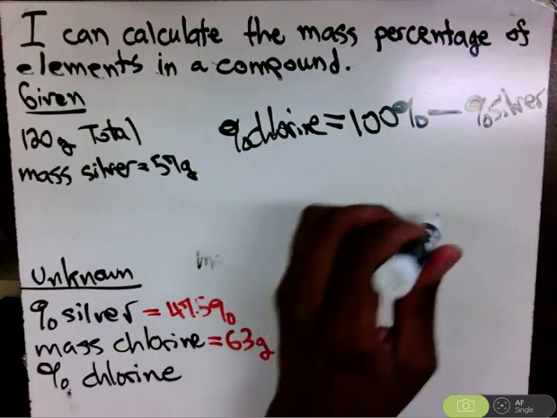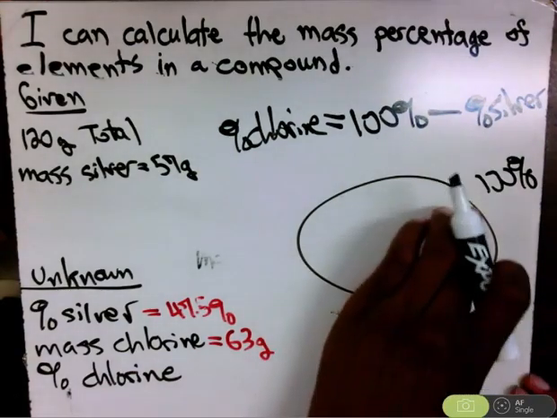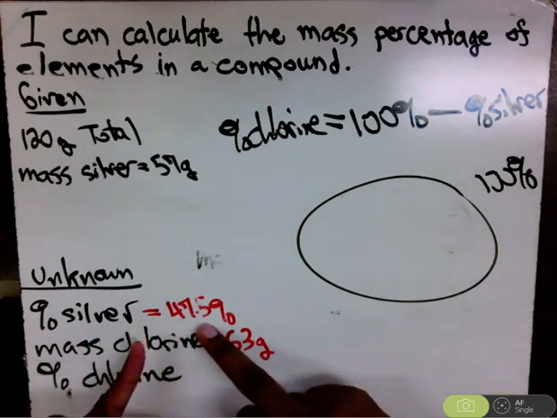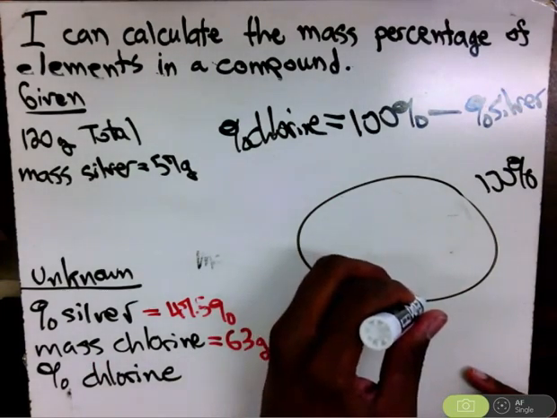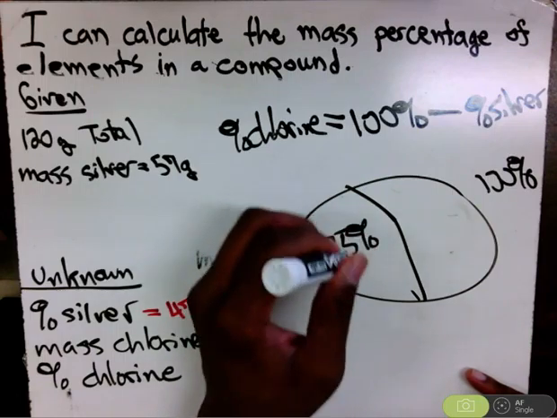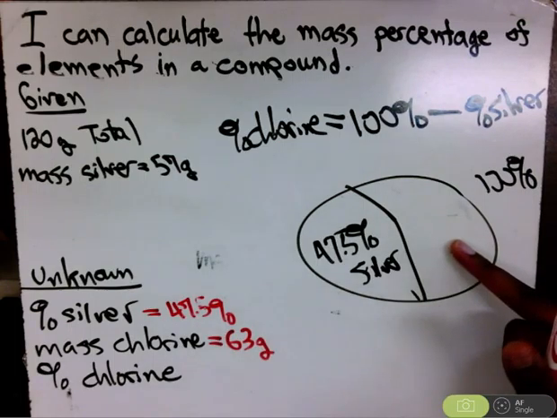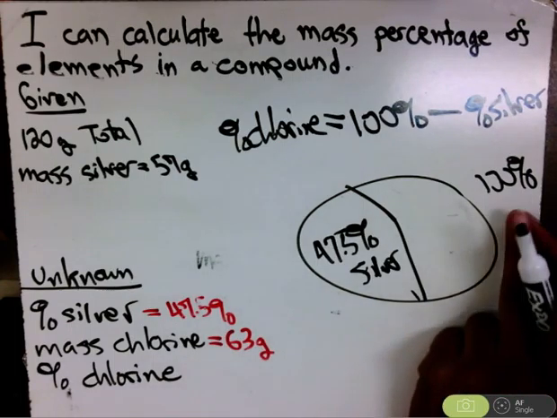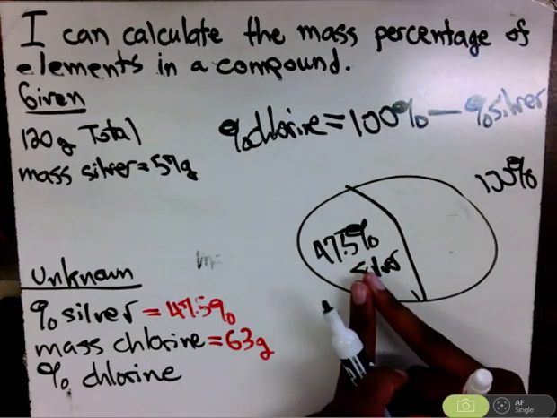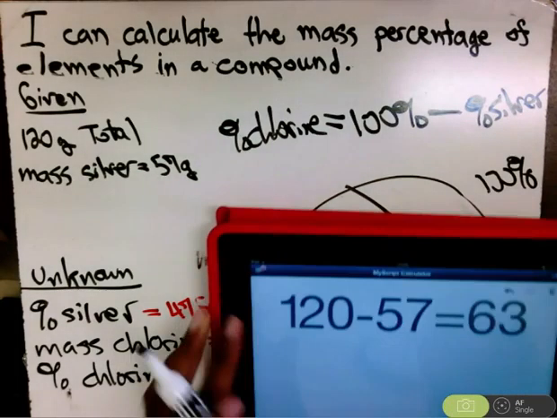Because if 100% is my total, 100% means everything. I have 47.5% silver. The rest is going to be chlorine. So it's going to be 100% minus 47.5%. What's left over is the percent of chlorine.